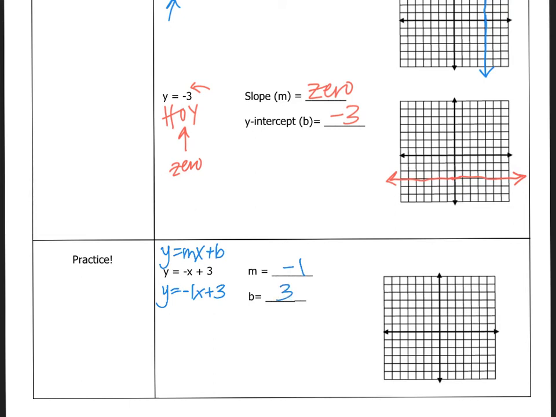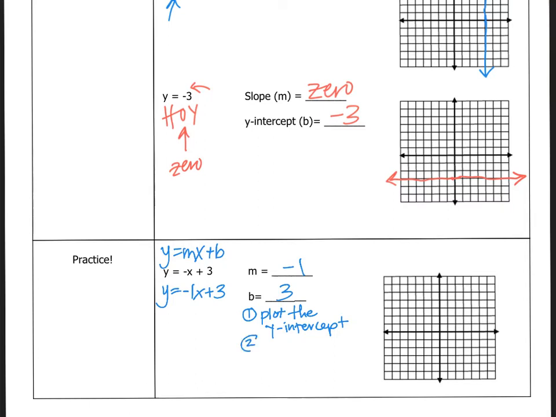Okay, so when you're given a slope-intercept form and you are asked to graph points, what you need to do is, step number 1, plot the y-intercept, and you will be doing that on the y-axis.